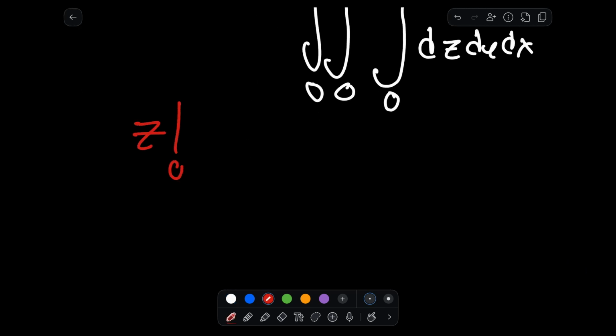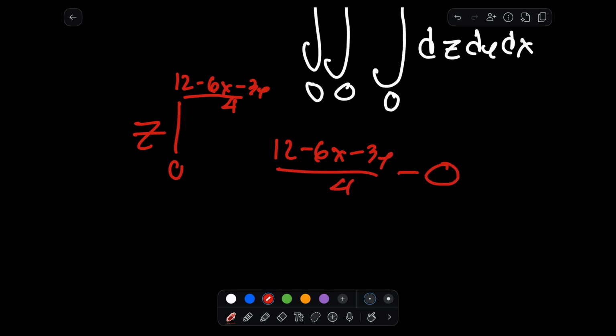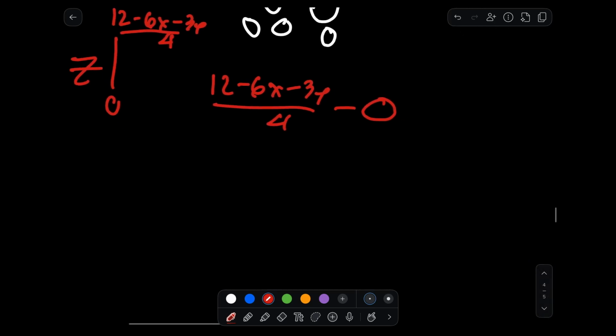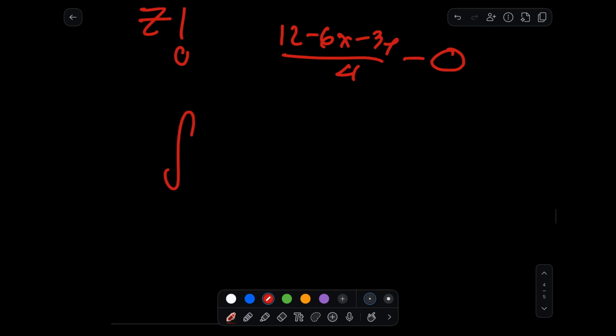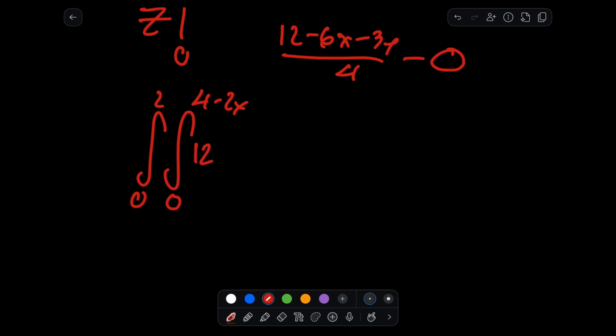So we got that z's from this to this. We got this as our resultant. I'm not going to write out the 0, because I just said it. Doesn't really matter for our result. It's all good though. We have our double integral, 0 to 2, 0 to 4 minus 2x, for our new function.